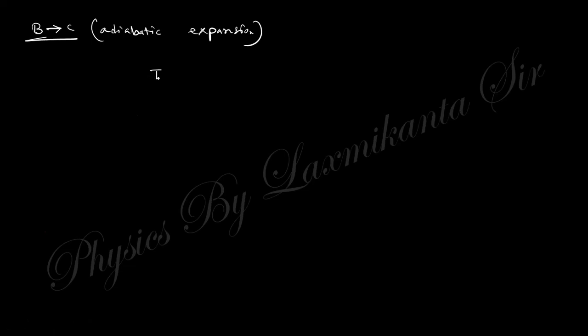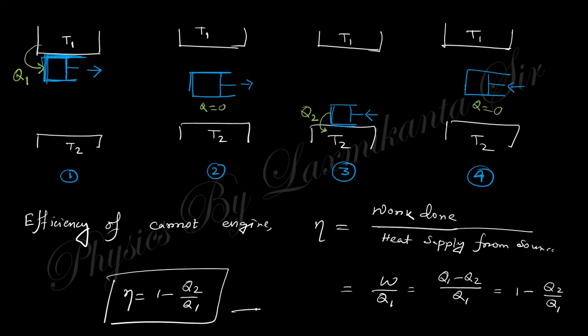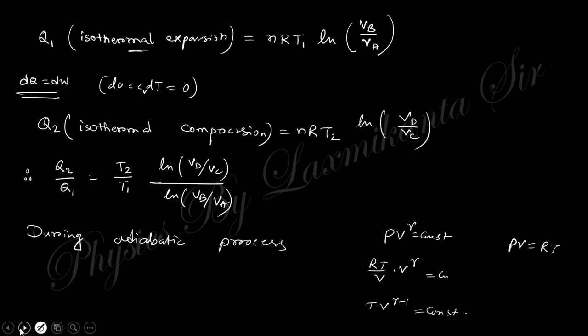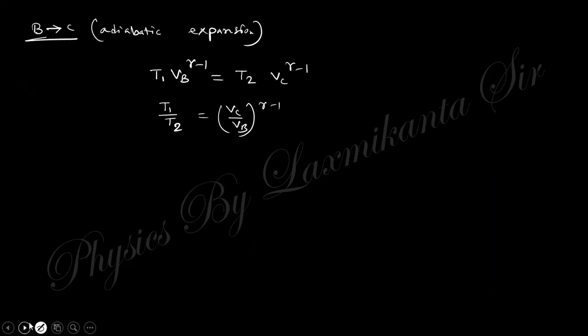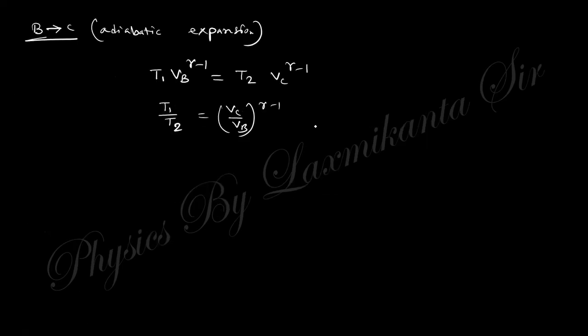So T1 Vb to the gamma minus 1 equals T2 Vc to the gamma minus 1. From here you can see T1 by T2 equals Vc by Vb to the gamma minus 1. Take this as equation number 3.